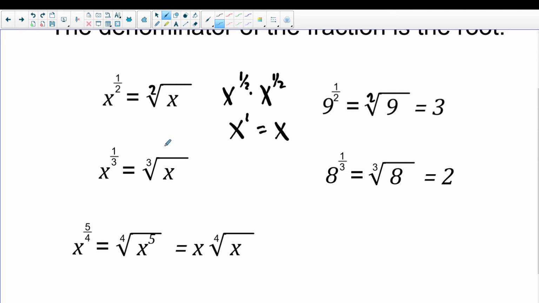So this would just simply be the cube root of x. And likewise over here, 8 to the 1/3 power is the cube root, the third root of 8. And so I know that 2 to the third is equal to 8. So 2 multiplied together 3 times is 8. So I know that the cube root of 8 is 2.